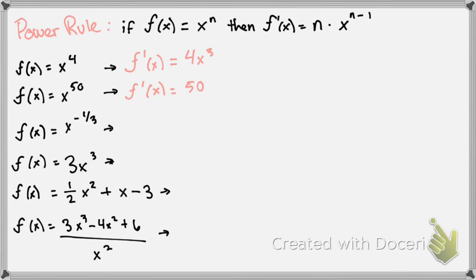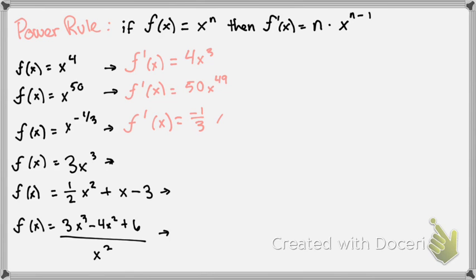F prime of x equals 50x to the 49th power. Sorry, that was weird. Now we continue with the derivative of x to the power of negative 1/3. Let's write down negative 1 over 3, that's going to be our n.